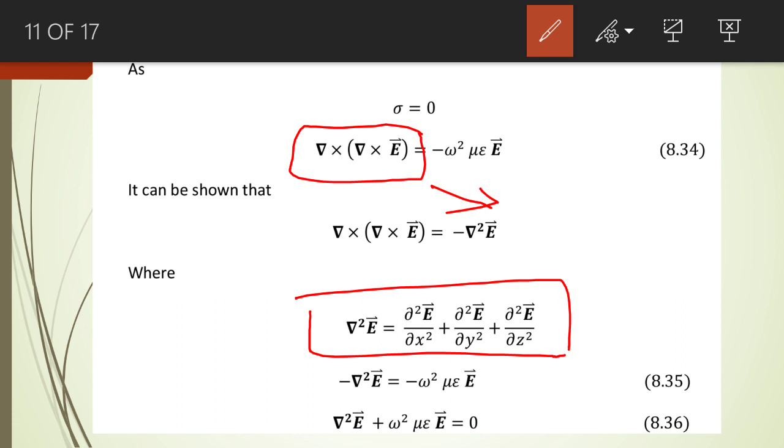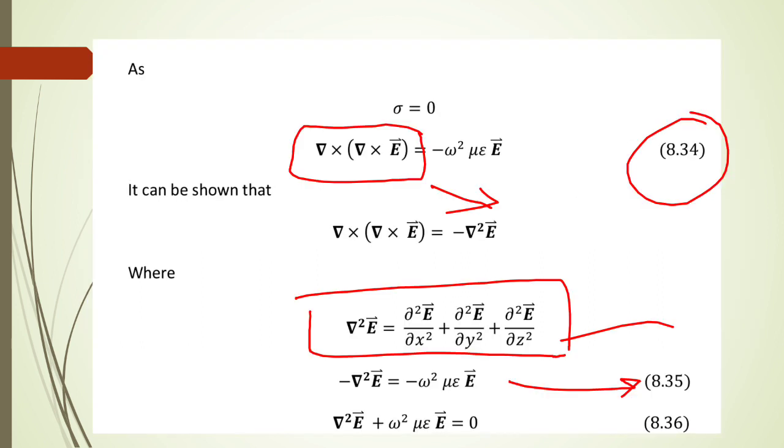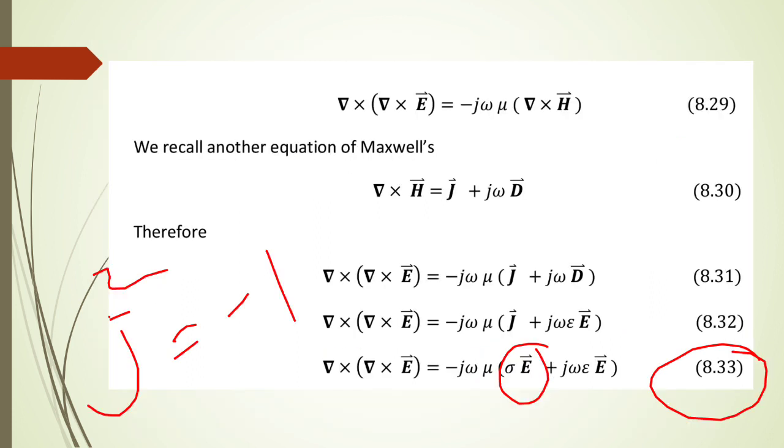Okay, and if we do it, the equation can be written as minus del square E will be equal to minus omega square mu epsilon multiplied by the phasor value of the electric field intensity, and we rearrange this equation.